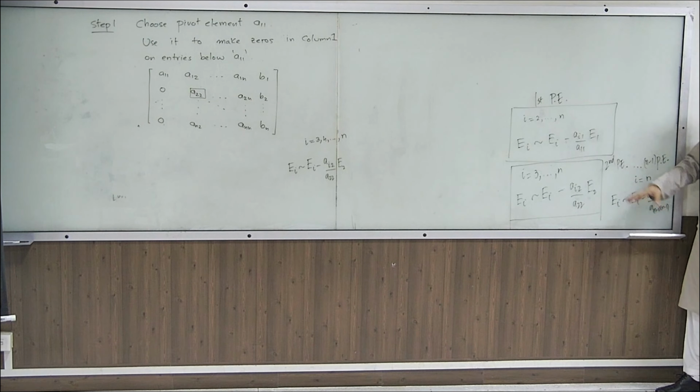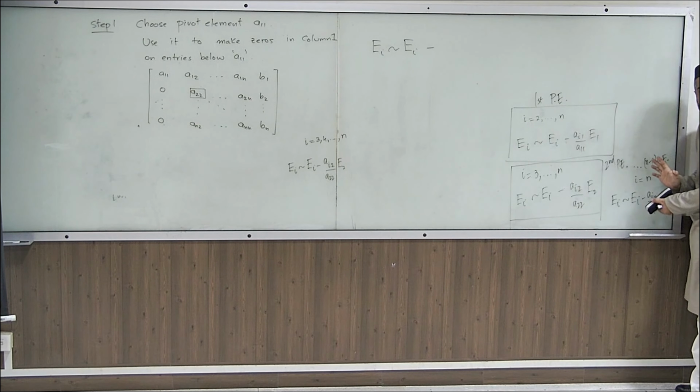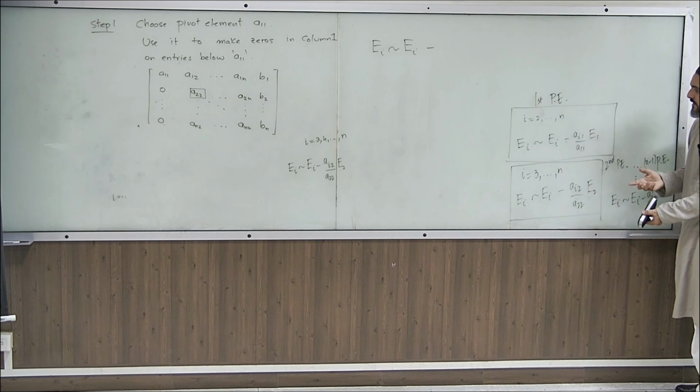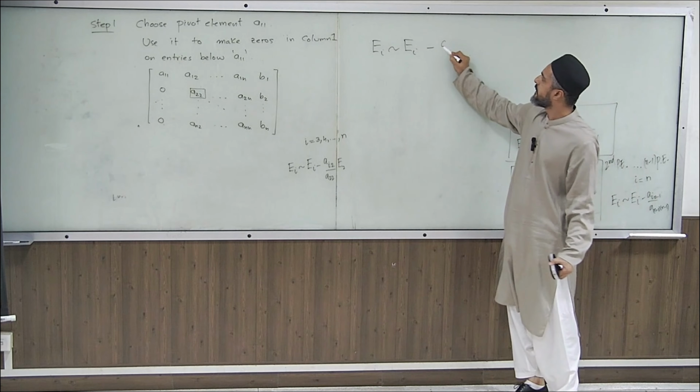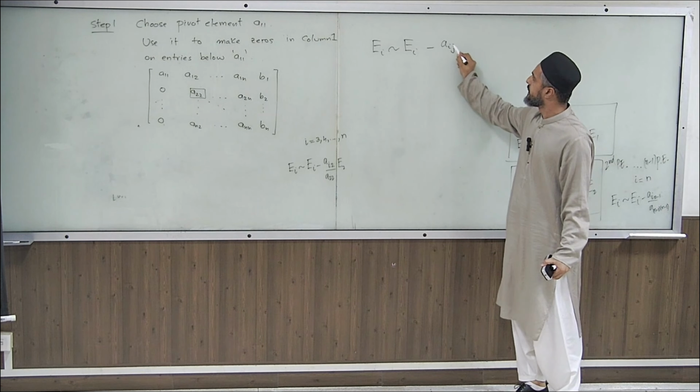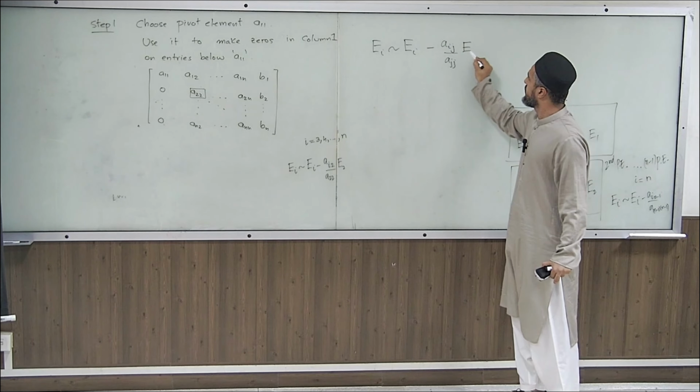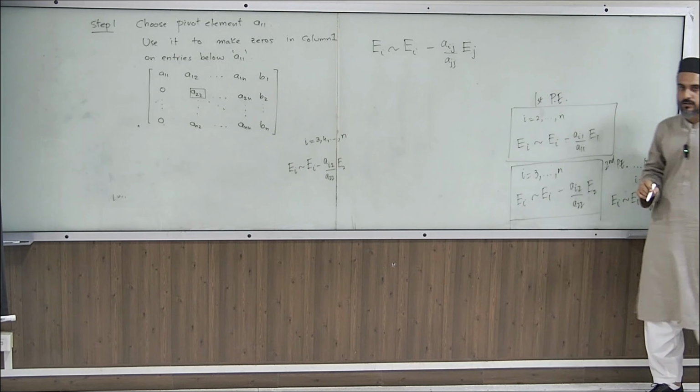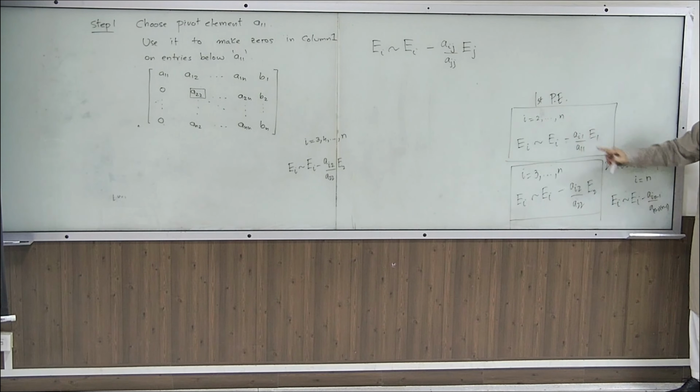We have to collect all these equations and write them in a generic form, which is a_ij divided by a_jj, times e_j. So rather than 1, 2 and n minus 1, I have written j.